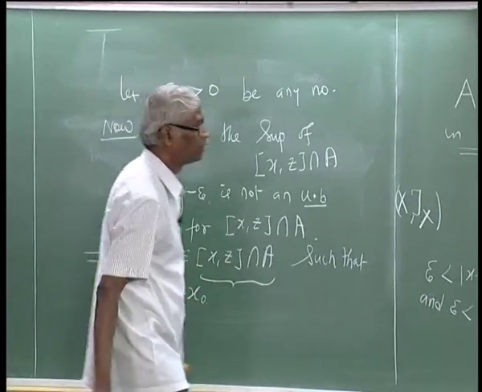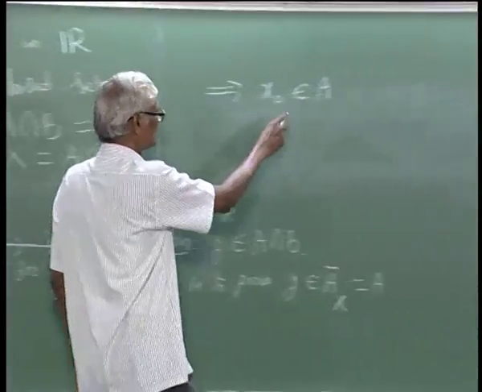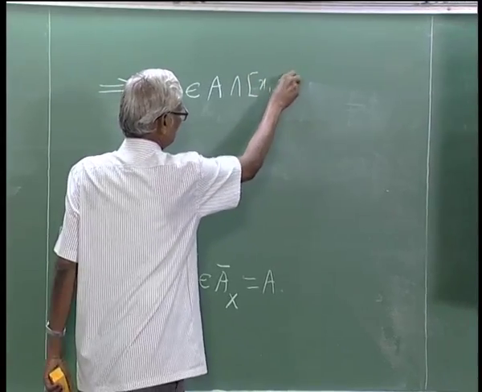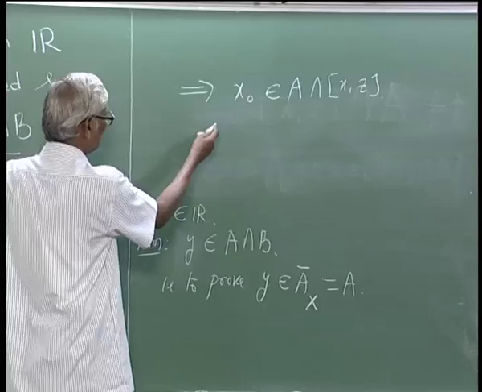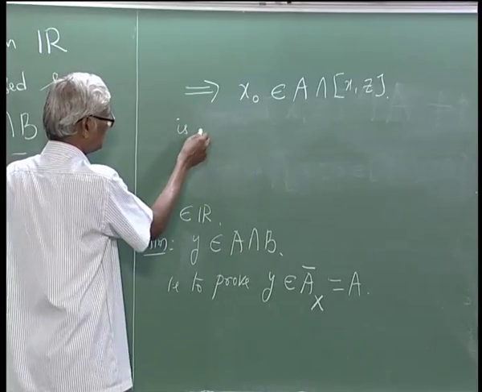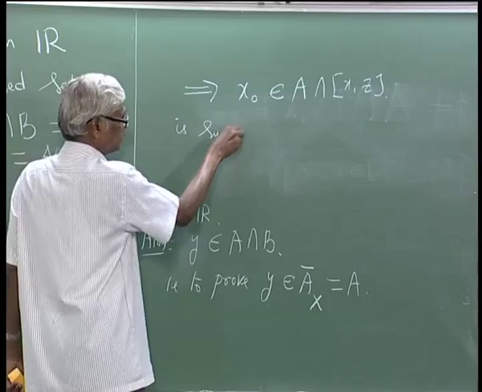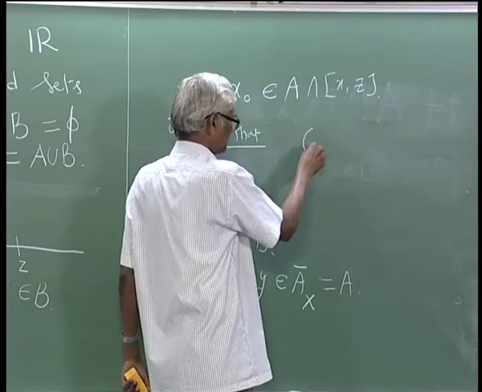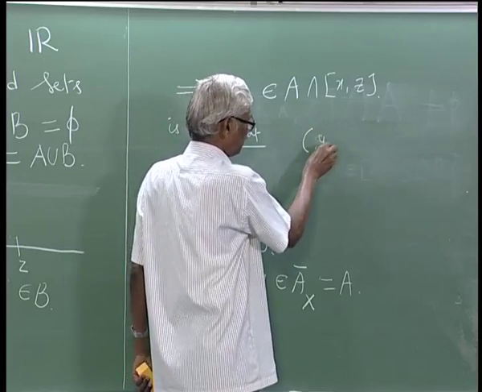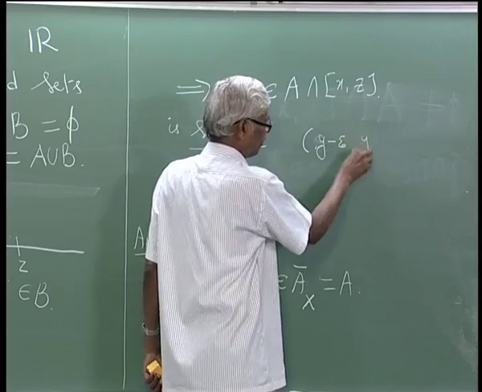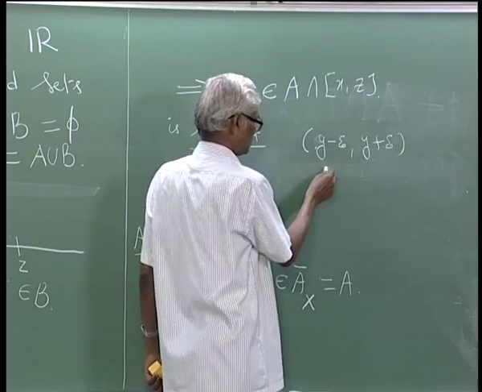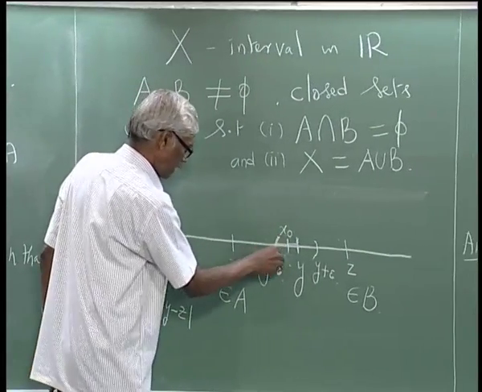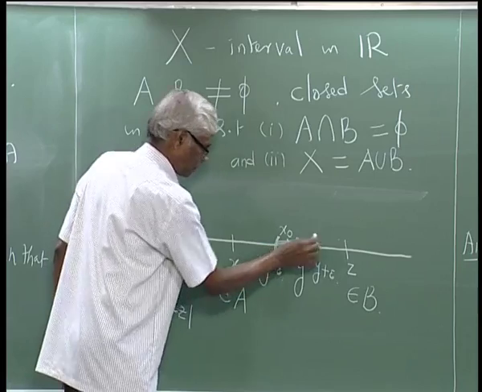That is, x naught belongs to A intersection [x, z], such that x naught belongs to our started open interval (y minus epsilon, y plus epsilon).